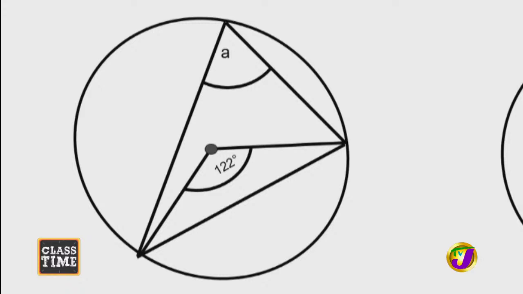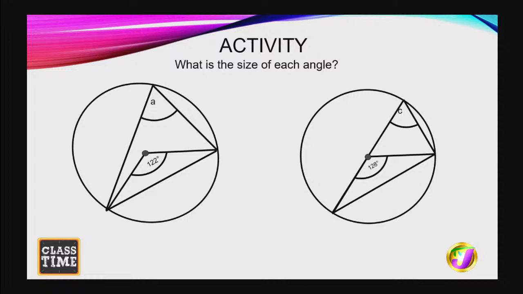Therefore, that angle is going to be 61 degrees. How do we get the 61, Mr. Brown? Half of 122, or divide 122 by 2. That is true. So 122 divided by 2 is 61. Yes, you're right. So angle A measures 61 degrees.